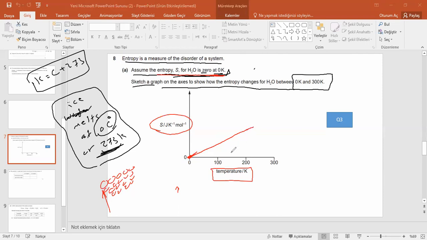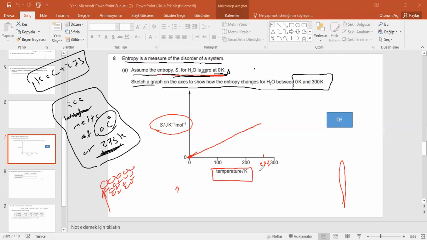So this line keeps increasing constantly until a certain point, where there will be a huge increase in the line, like this. But where is this point? Look, guys, we are increasing the temperature and entropy increases as well until we reach 273.